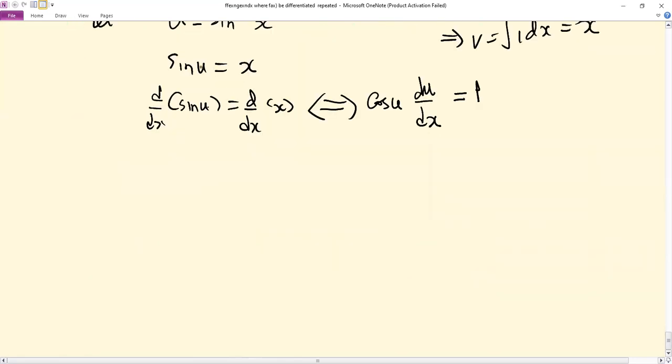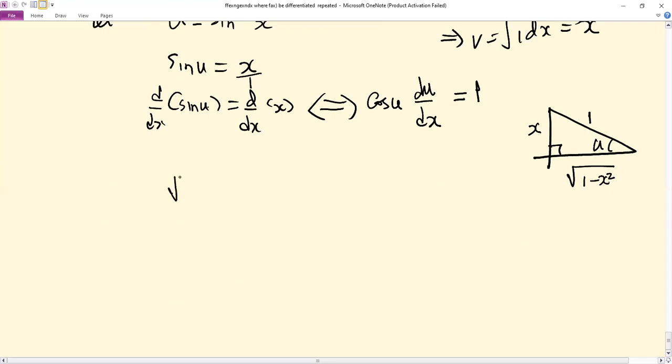So from this one here, if sine u is x, this is the same as x over 1. Sine is opposite over hypotenuse, so opposite is x, hypotenuse is 1, and the adjacent will be the square root of 1 minus x squared, Pythagoras theorem. So if you define cosine of u in this triangle, cos is adjacent over hypotenuse, so it'll be simply square root of 1 minus x squared.